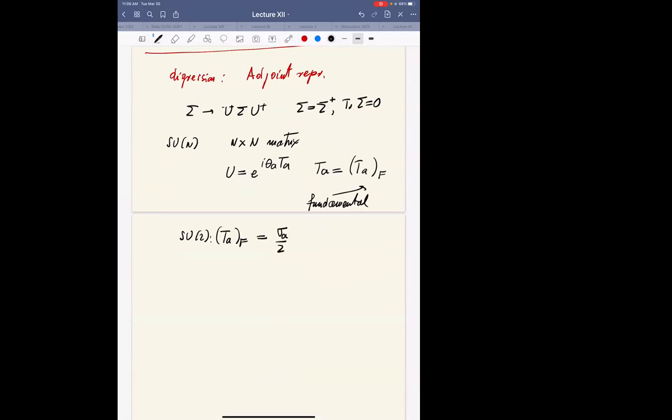Then of course I can write sigma as T^A phi^A, with A running from 1 to N squared minus 1, where you expand in the fundamental representation.